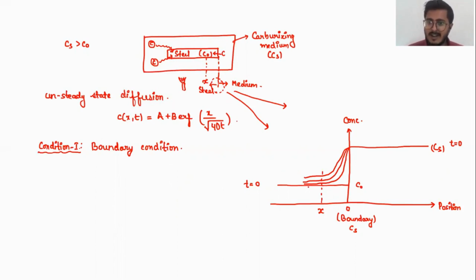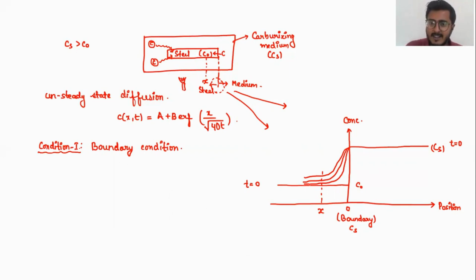What you need to understand is that the concentration of the carbon at your position X is increasing, right? With the increase in the temperature, more and more carbon is diffusing from the carburizing medium inside your steel component, and therefore the concentration in your steel component at my position X from the surface is increasing every time.